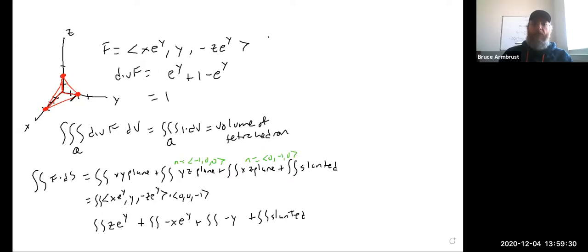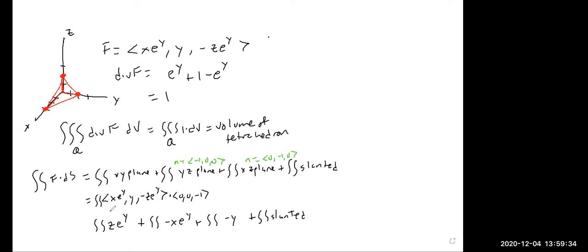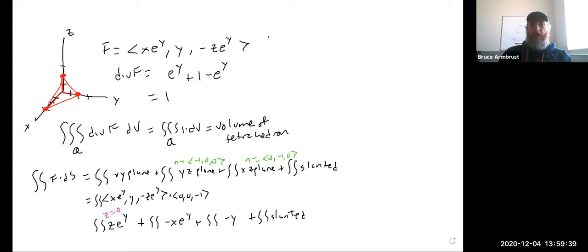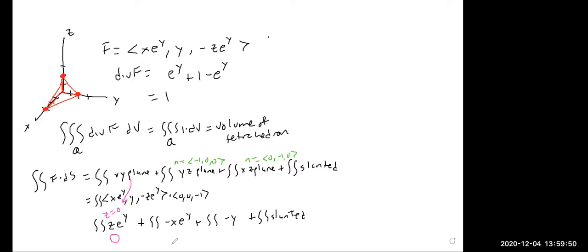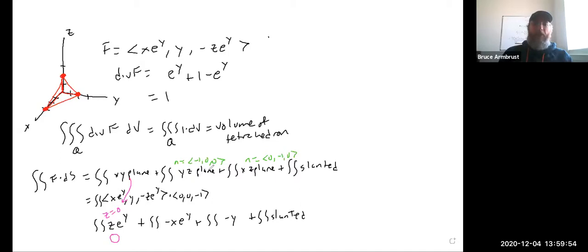What's the equation of the XY plane? z equals 0, which means I'm integrating 0. Now the YZ plane is x equals 0.